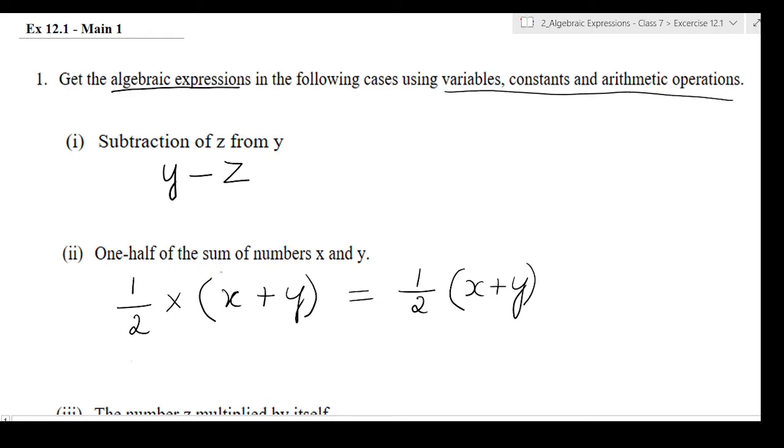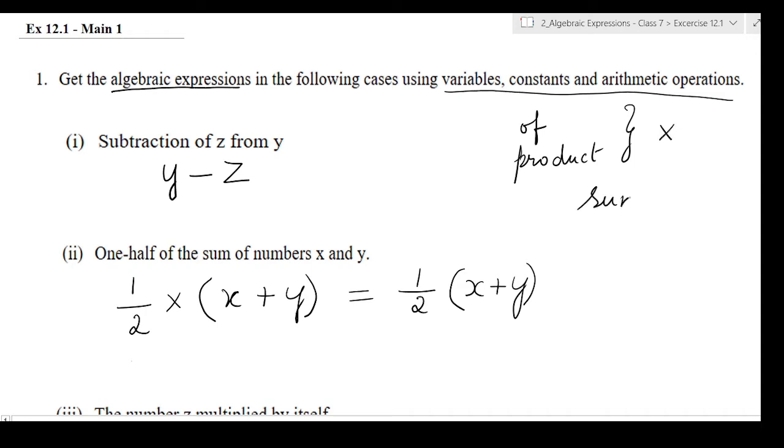I repeat, 1/2 is nothing but 1/2. Of is always multiplication. If they give of, or if they give you product, both mean multiplication.